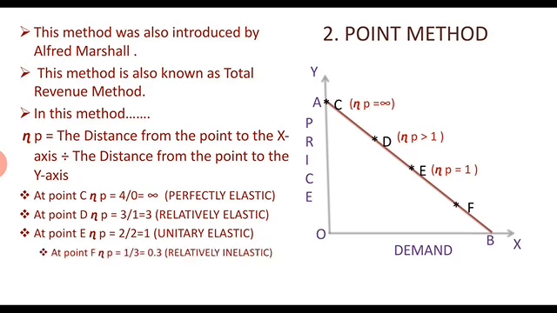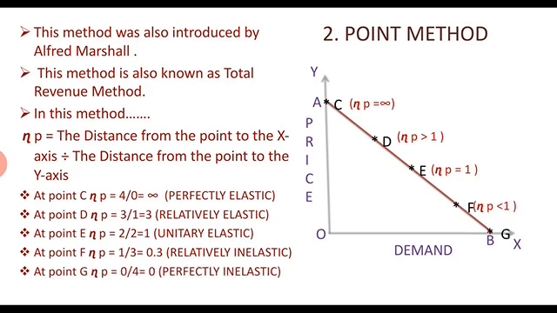At the point F, eta P is equal to 1 by 3, which is equal to 0.3, relatively inelastic demand. At the point G, eta P is equal to 0 by 4, which is equal to 0, perfectly inelastic demand.